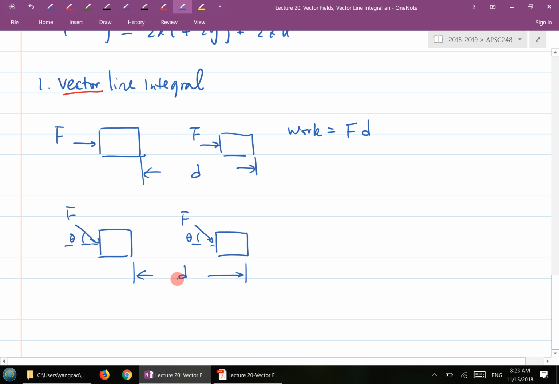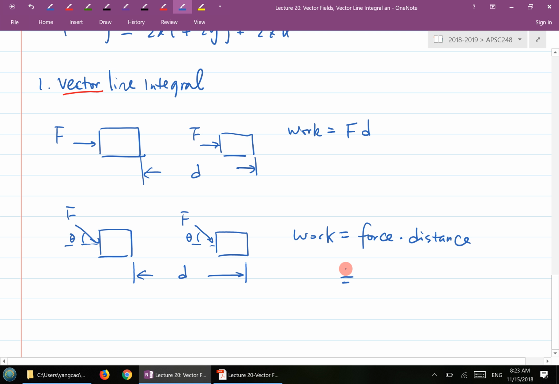How much work is done by this force? The formula is not going to change. It's still force times distance. But the force in this case is not horizontal, so you need to get the horizontal component of this force and then multiply by the distance.